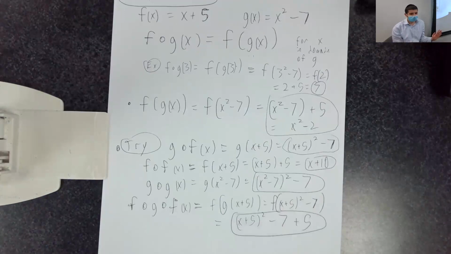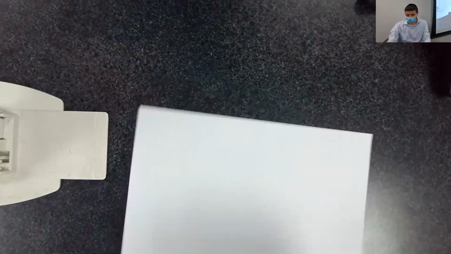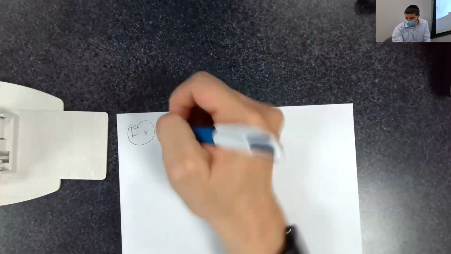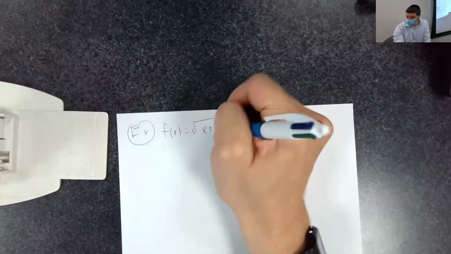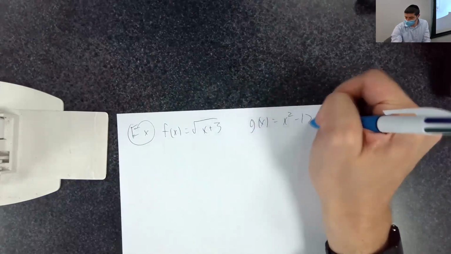Okay, so it sounds like you guys were able to get these, yeah? You guys see the idea for these? Okay. Let's try another example. f of x is equal to radical x plus 3. g of x is equal to x squared minus 12.